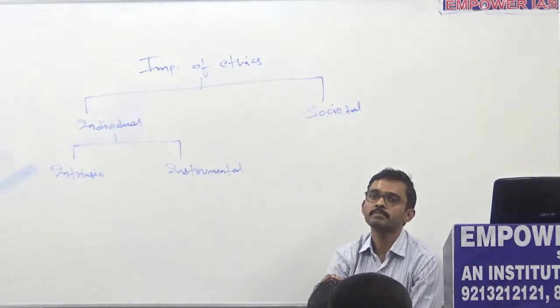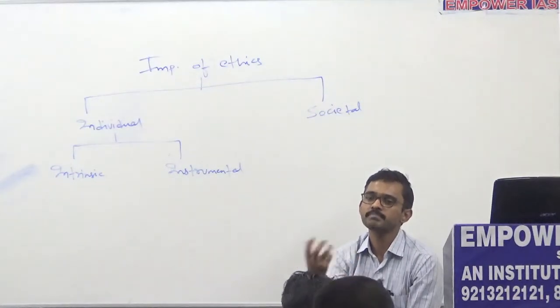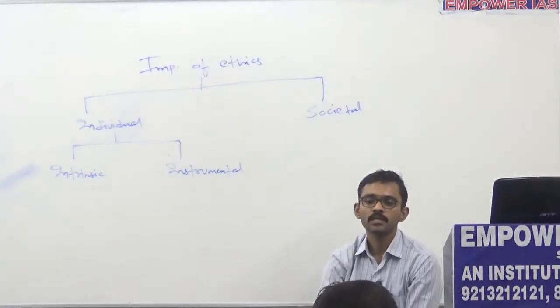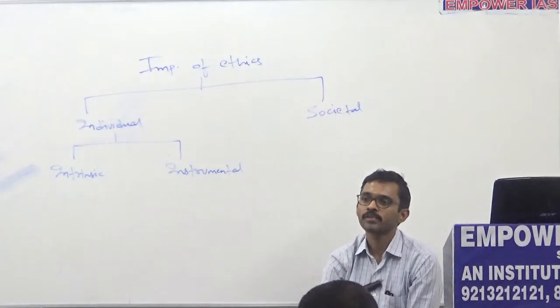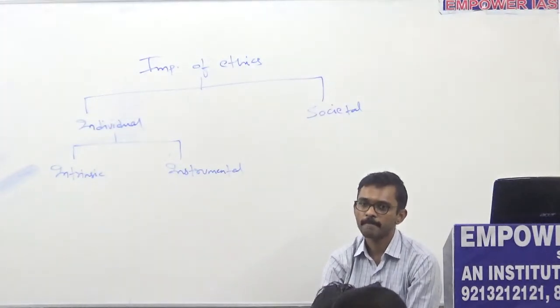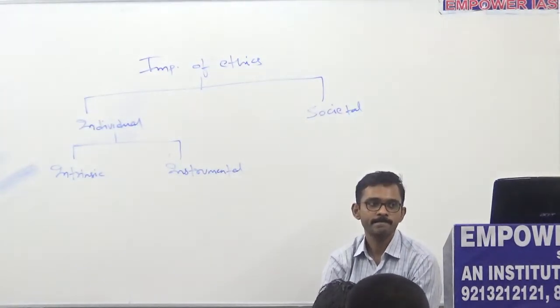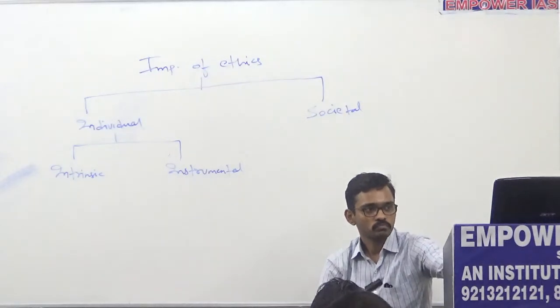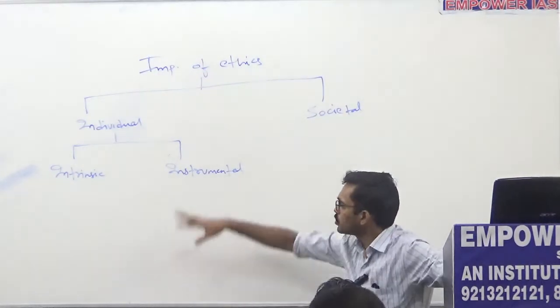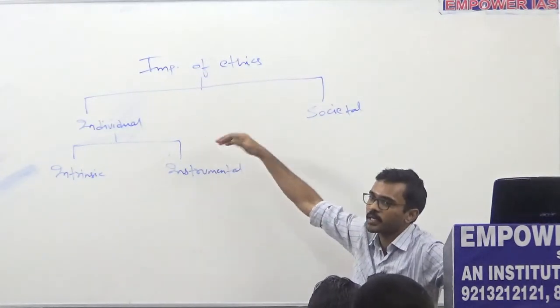So that is the instrumental importance: knowledge of ethics is a means towards achieving something else, the resolution of ethical dilemmas. So this is the importance of ethics at an individual level.